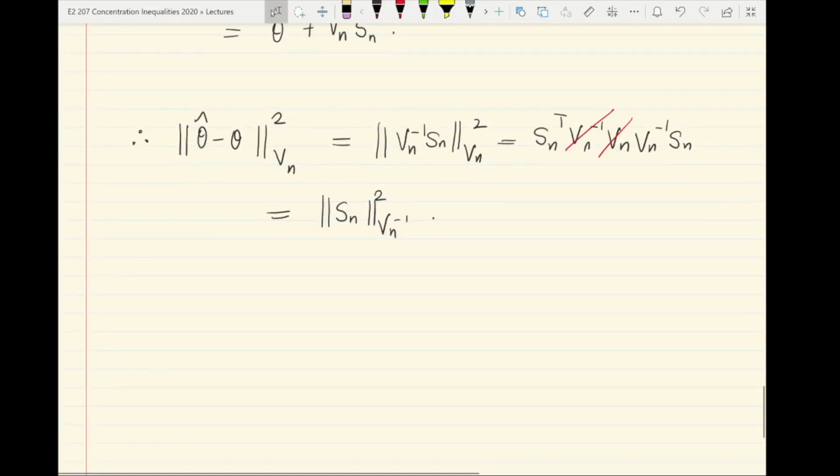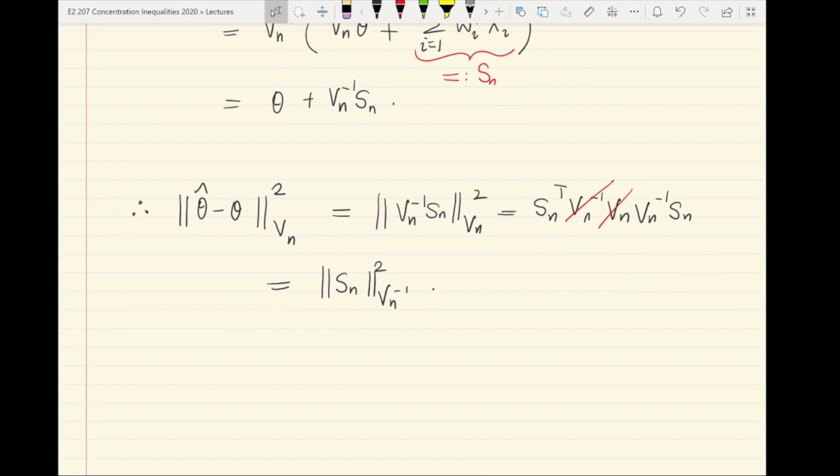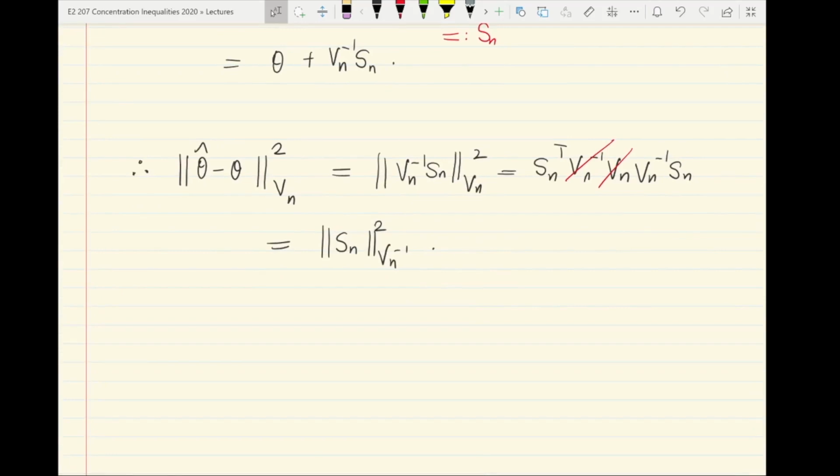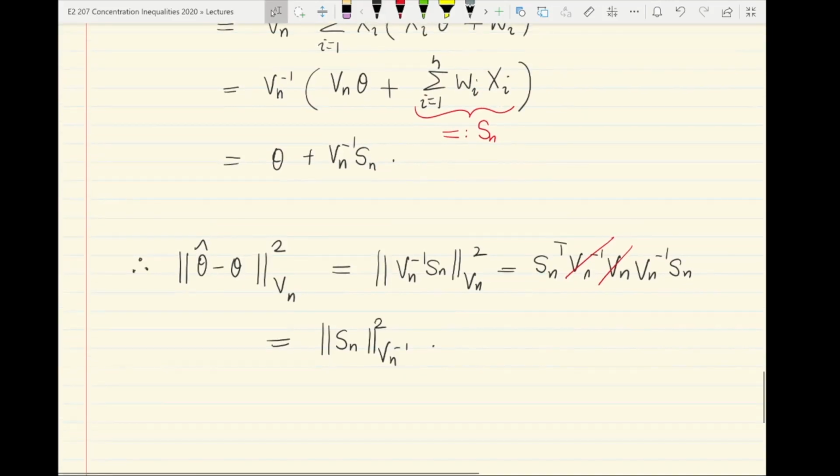Now, if we want to control theta hat minus theta in the Vn norm as with the fixed design setting, this is equivalent to controlling the Vn inverse weighted norm of the random vector Sn.